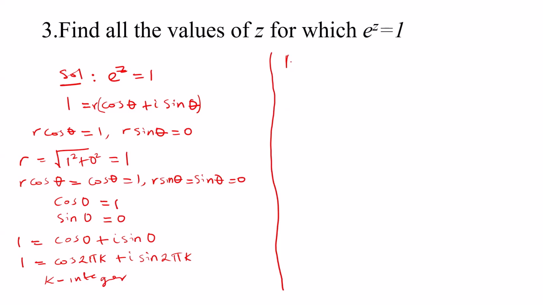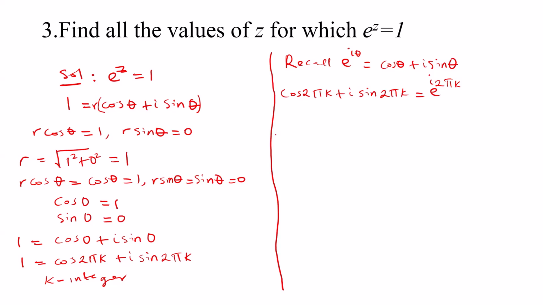But if we recall that exponential i theta is equal to cos theta plus i sin theta, likewise we can write cos 2 pi k plus i sin 2 pi k as exponential i 2 pi k.